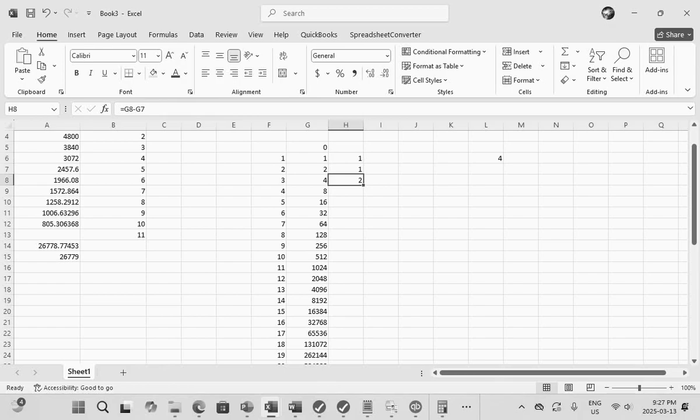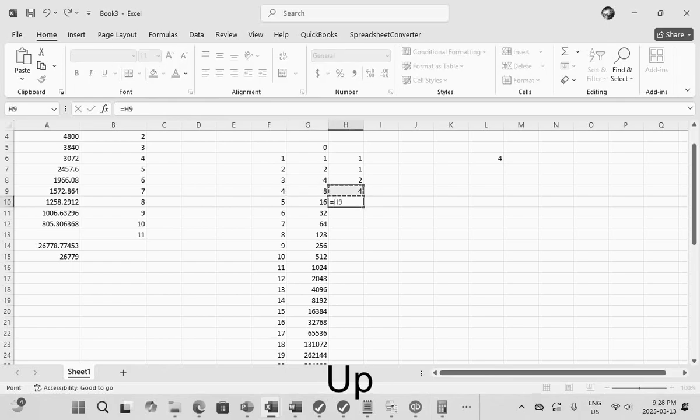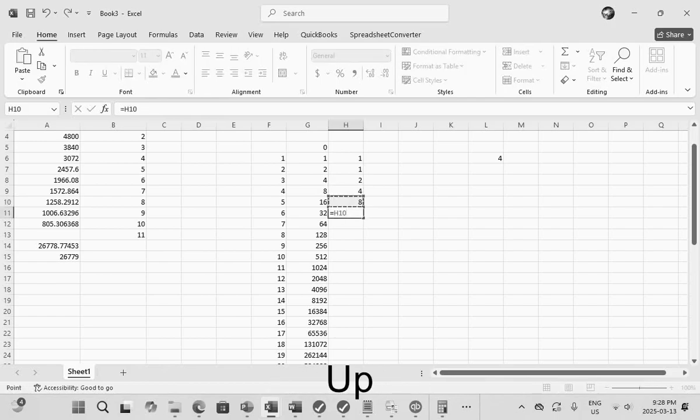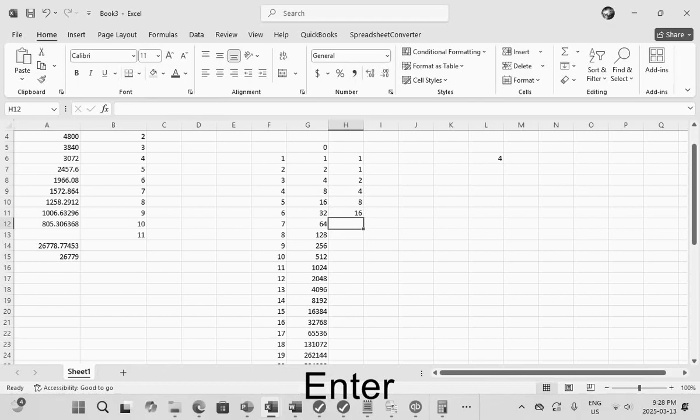Now if you continue on this path, 2 times 2 is 4, which means the difference between this value and this value should be 4. Then 4 times 2 will be 8, and 8 times 2 will be 16.